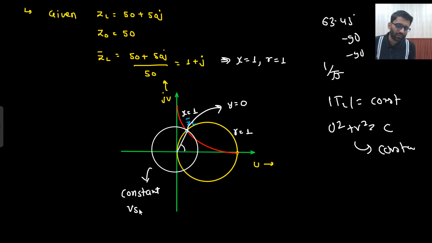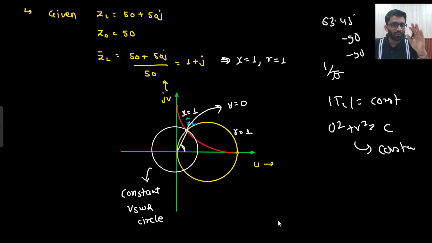What I am doing: there was a Smith chart. On the Smith chart, I got to know that this is my ZL dash. If I join the ZL dash to the origin, this is my value of gamma L. And the angle that it makes with the x-axis will be the angle of gamma L. So from here I will get that this is my Y equals 0 point.